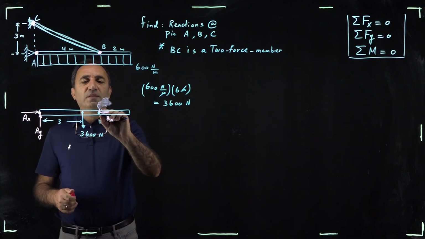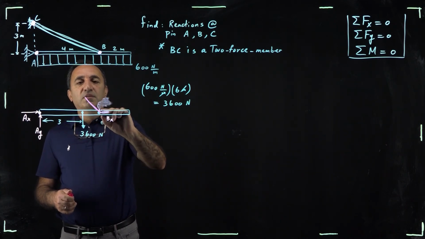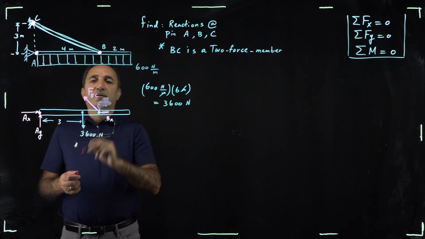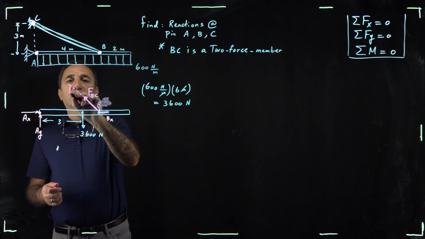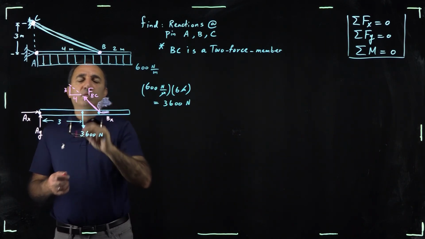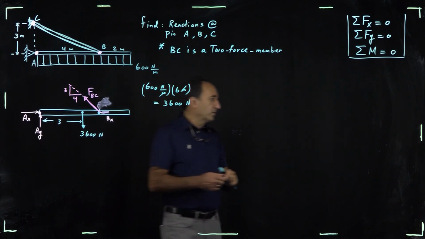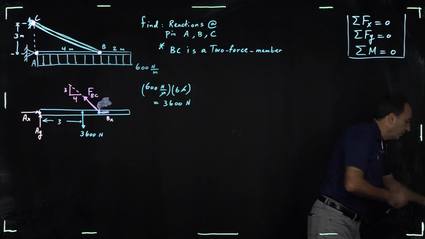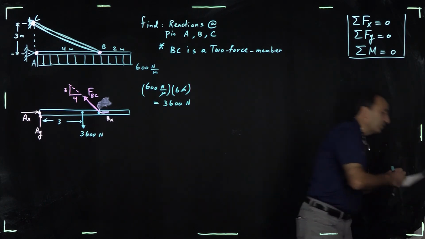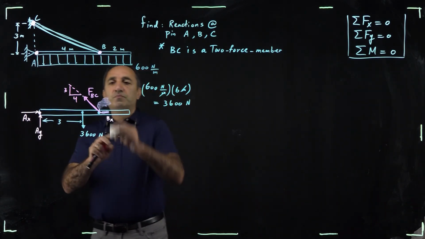So what's happening then is the force will act along the bar. And look, we have the slope of this guy, which is 3 to 4. And that will help us to break it into components. I just want to clean that up a little bit for you guys. So just stay with me for a moment.